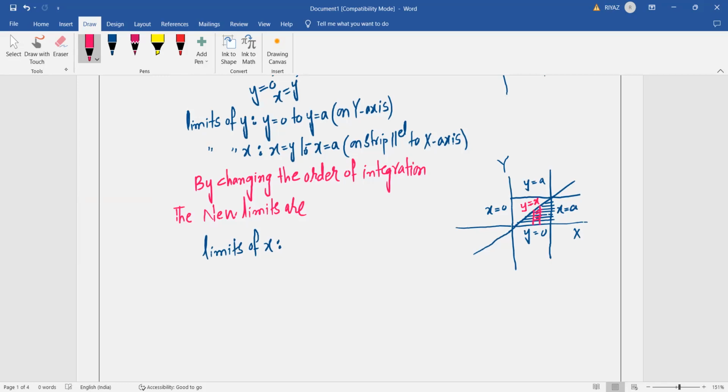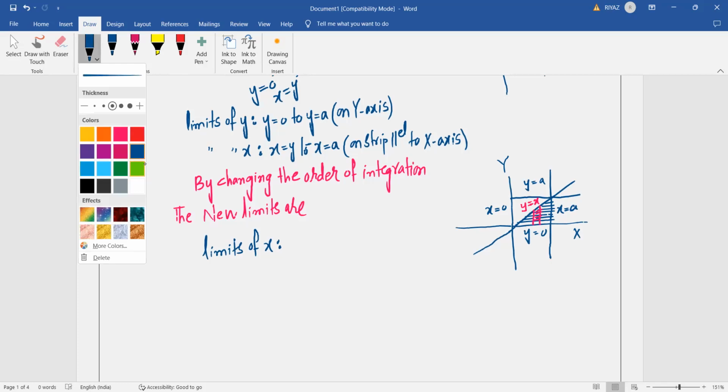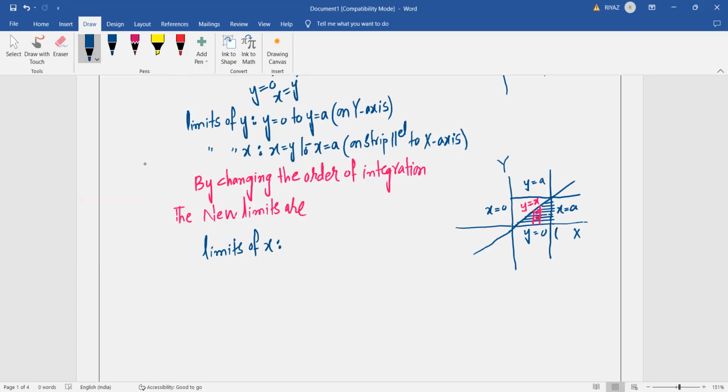Okay, the new limits of x. This point is a comma 0, this point is 0 comma 0, this point is 0 comma a, and this point is a comma a. No need to write those.